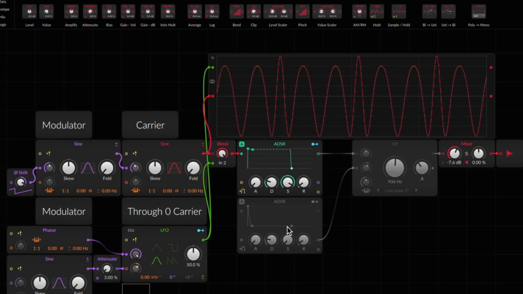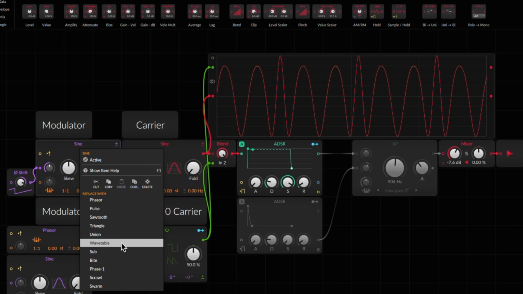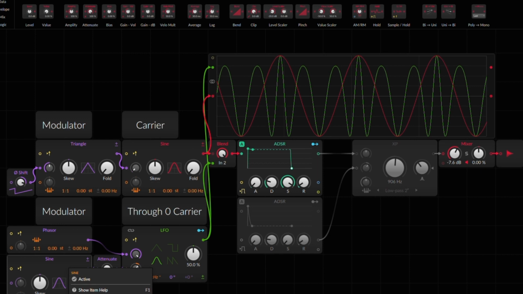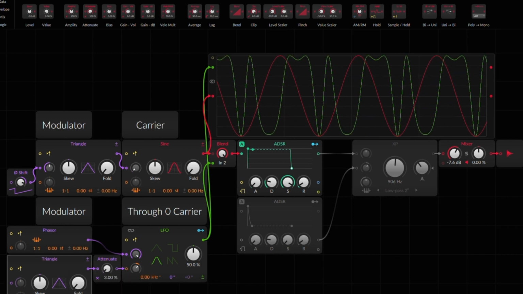But we can get differences pretty quickly. As soon as we change this to something not quite a sine wave, but what is it doing here again? Where's the triangle? Here. So if we change the modulator to a triangle, you will see a difference immediately.